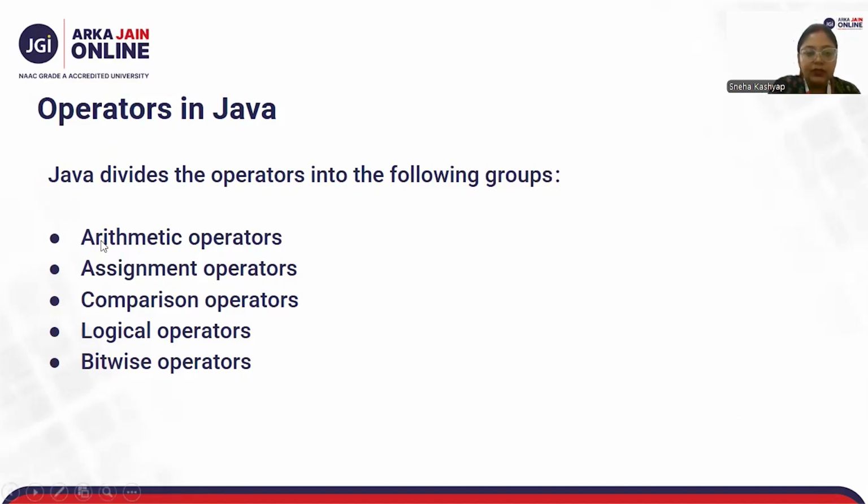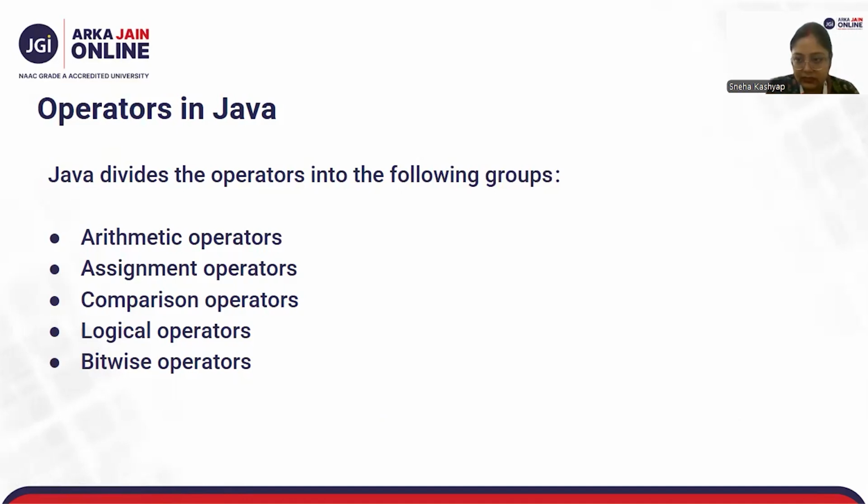So first one is arithmetic operator. Now, as you know, the term arithmetic is always related to mathematical operations. So basic operations like addition, subtraction, taking out the product, division, and so on can be calculated using arithmetic operator. Next we have assignment operator. Now, as the word only says assignment, so we can assign the values to the variables.